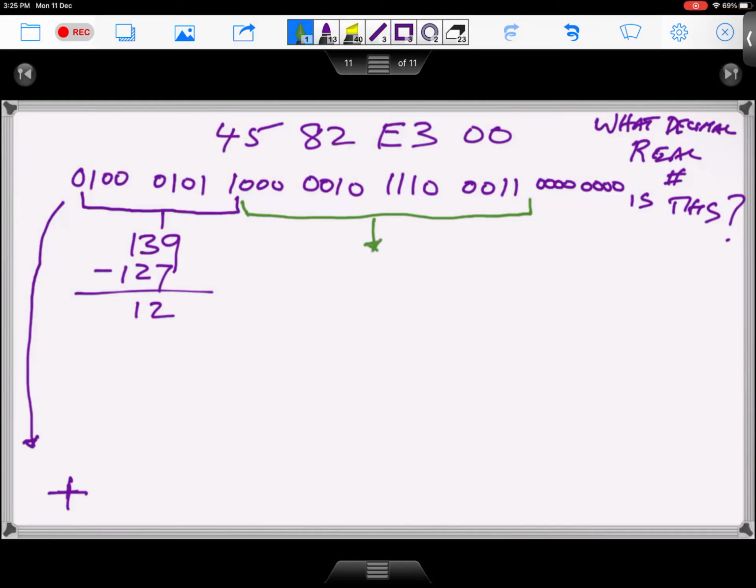Now you have to put a 1 in front of it. 1 point, 0, 0, 0, 0, 0, 1, 0, 1, 1, 1, 0, 0, 0, 1, 1. Right?